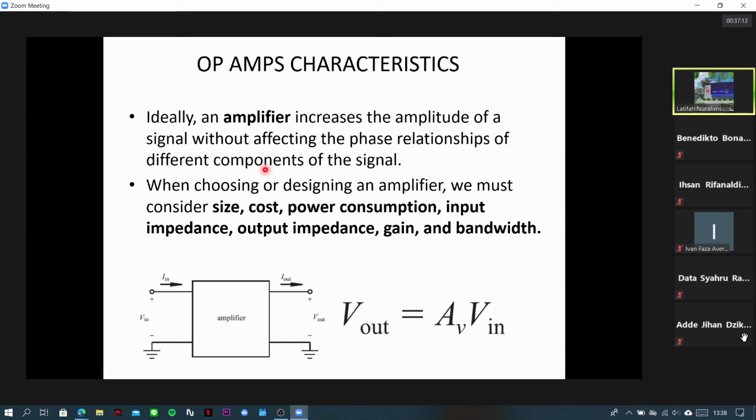It's like we double the signals without changing anything. When choosing or designing an amplifier, we must consider the size, the cost, how big the signals you want to amplify, the power consumption, of course, the gain and the bandwidth, and so on.